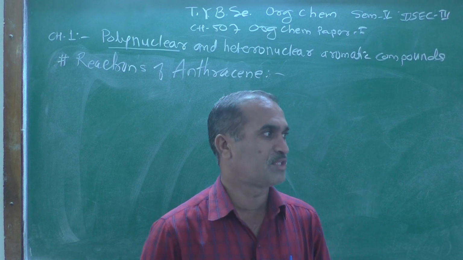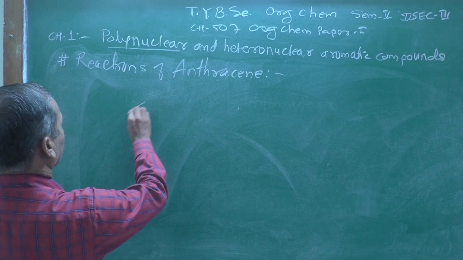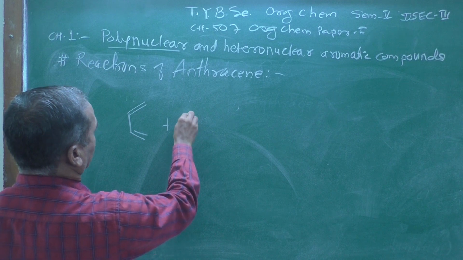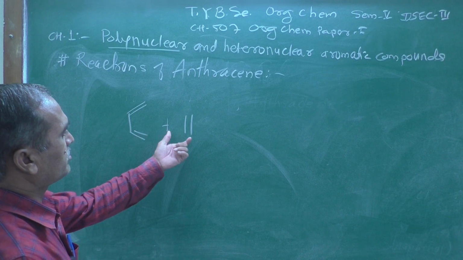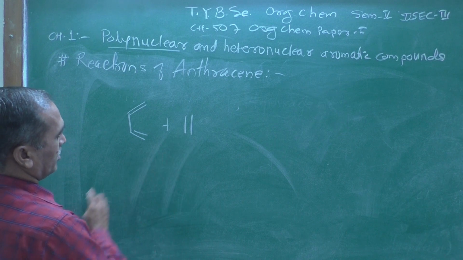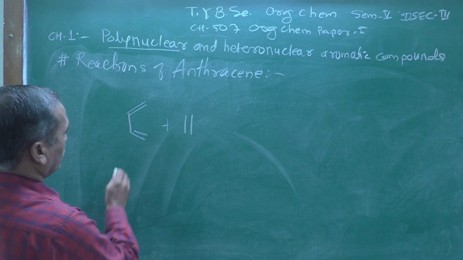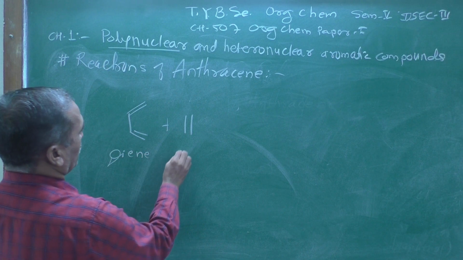There are two systems generally present over there. For example, like this is a diene, and this one is called ethylene, or it is known as a dienophile. Diene is a diene and this is a dienophile.